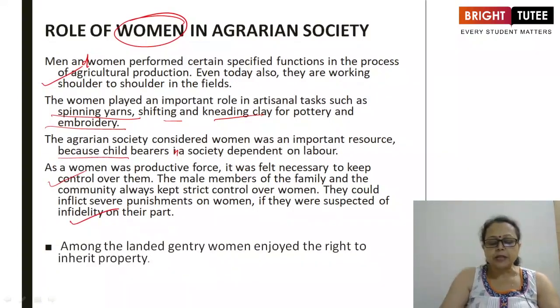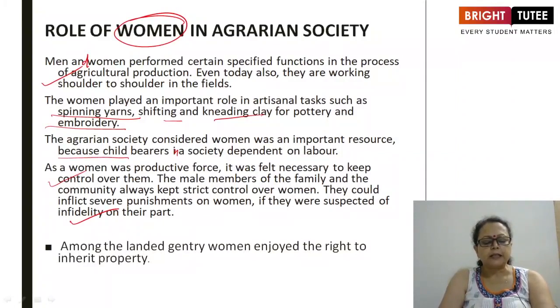In agrarian society, the woman is an important resource because they were the childbearers. At the same time, the high mortality rate among women owing to malnutrition or deaths during childbirth led to a shortage of women.